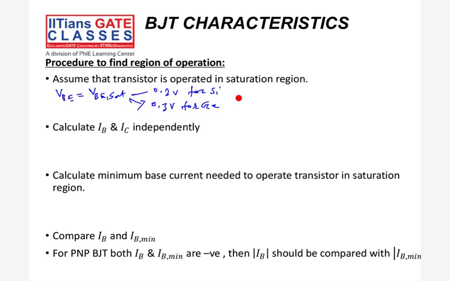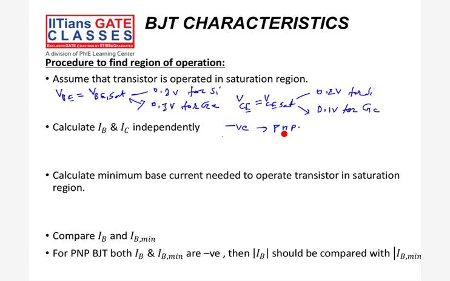Second, VCE saturation. Its value is 0.2 volt for silicon and 0.1 volt for germanium.